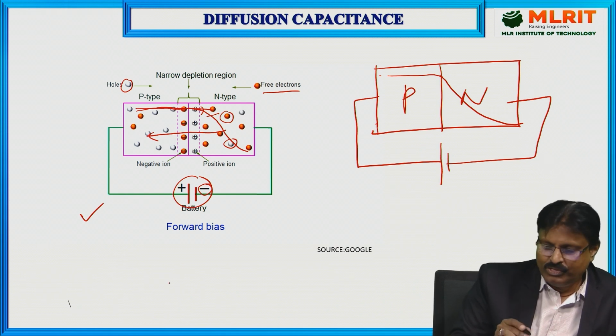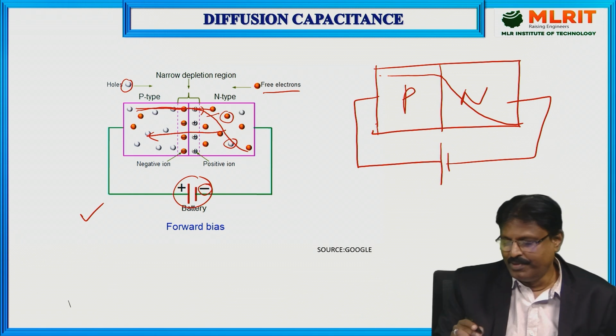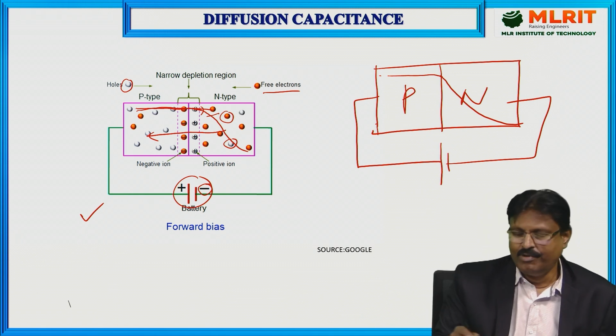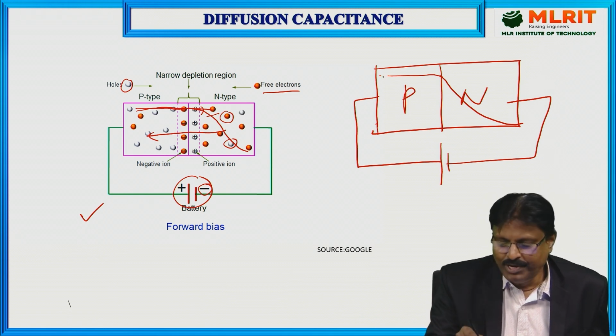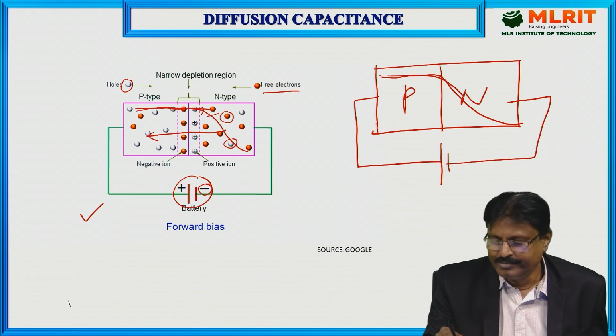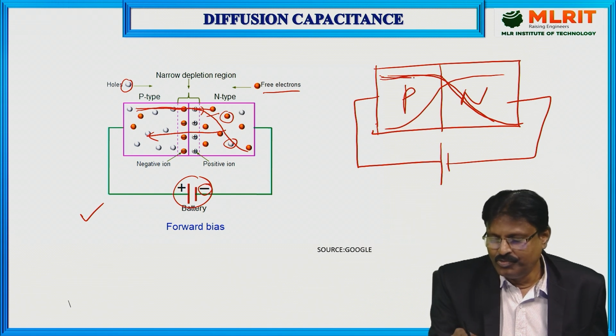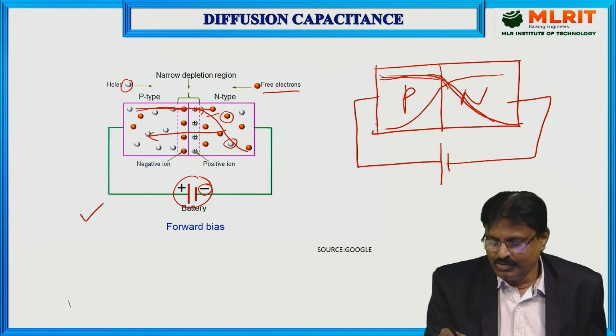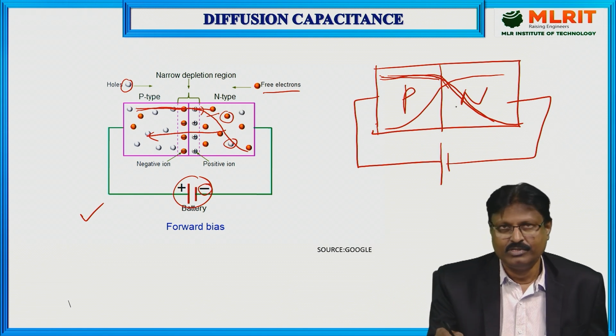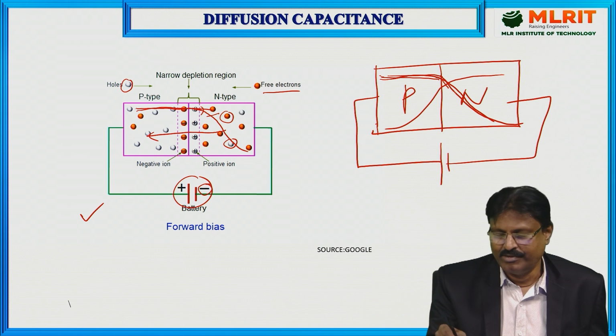Whenever you apply forward biasing to a diode, the holes will be moved from the P side to the N side, and electrons from the N side to the P side. Whenever a hole crosses the junction, there are electrons, which are majority carriers in the N side, so some of the holes recombine with the electrons, and they disappear after recombination.